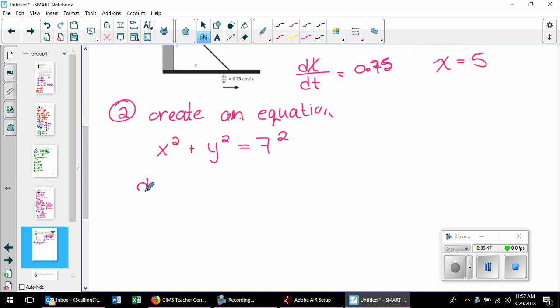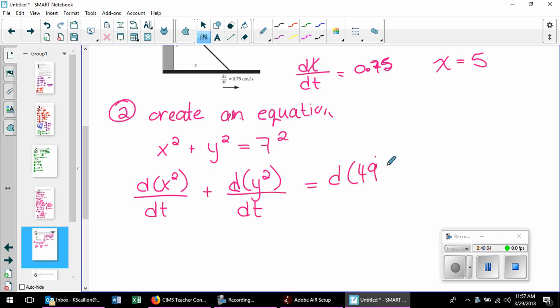So we're going to differentiate x squared over dt. We're going to have the differential of y squared over dt, and you're going to have the differential of 49 over dt.